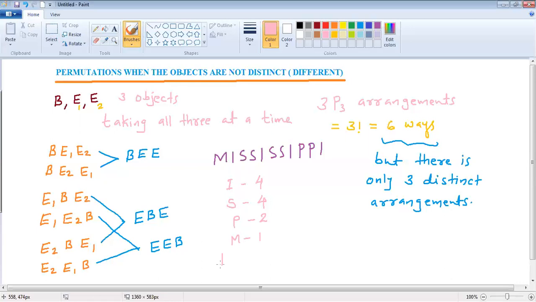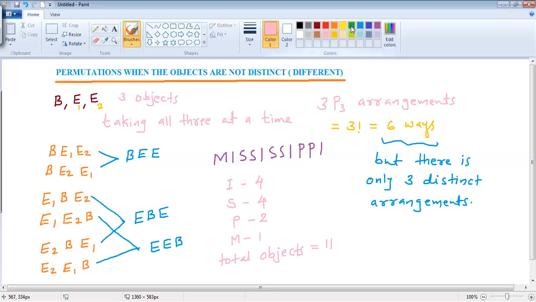So total objects, we know that total objects is equal to 11. So out of these 11 objects, one object is repeating 4 times, that is I is repeating 4 times. Another object, say S, is repeating 4 times, and third object is repeating 2 times.